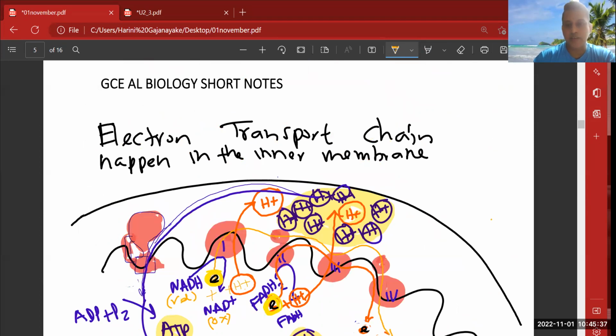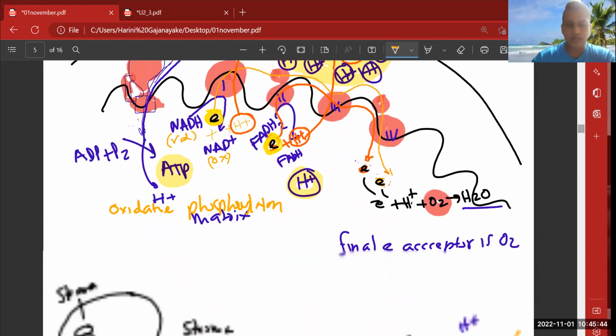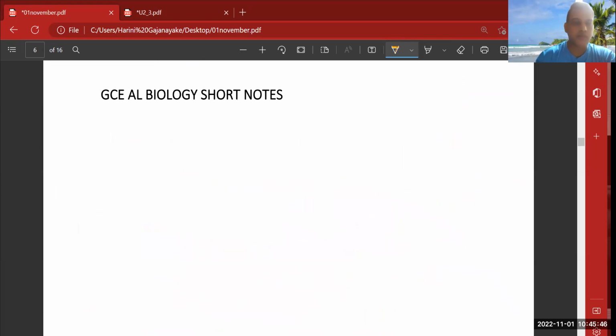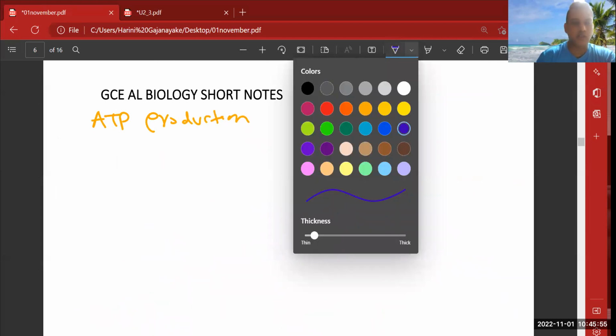Finally, we need to calculate the ATP level. What is the total ATP level? So we do it like this. We just make a small note.